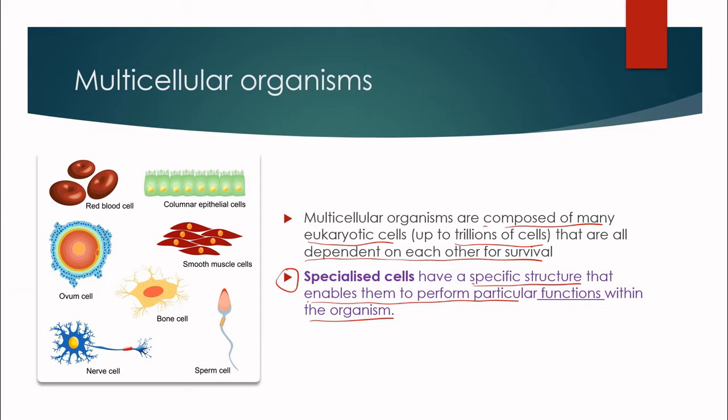And you can see over here some examples of these specialized cells in a multicellular organism. You've got some reproductive cells here, a bone cell for structure. I mean, you can see these different shapes here are very specific for whatever job it has. You have your nerve cell down here for transmitting messages.